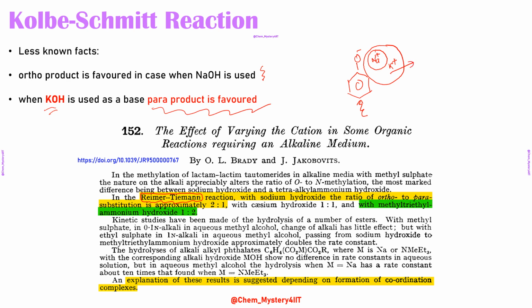And this is the paper which suggests why potassium ion, which is relatively bigger, is going to give us the para substitution. And in fact, if you are replacing that potassium with tetraethyl, triethyl and methylamine, where nitrogen contains 4 such alkyl groups, the size becomes even bigger, and then para product may become even the major product as well.